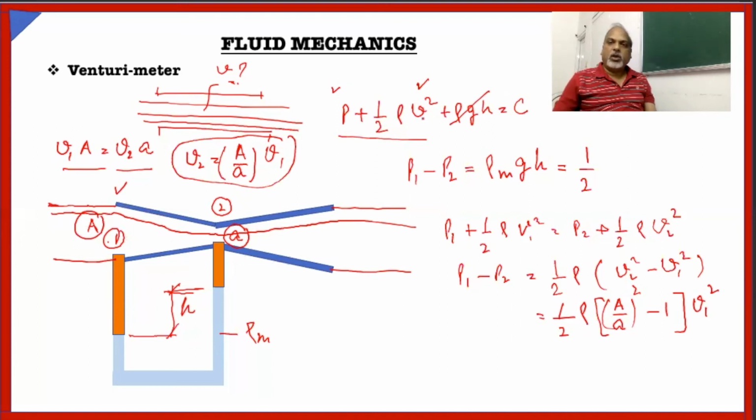So this is your half rho into A upon a whole square minus 1, times V1 square.